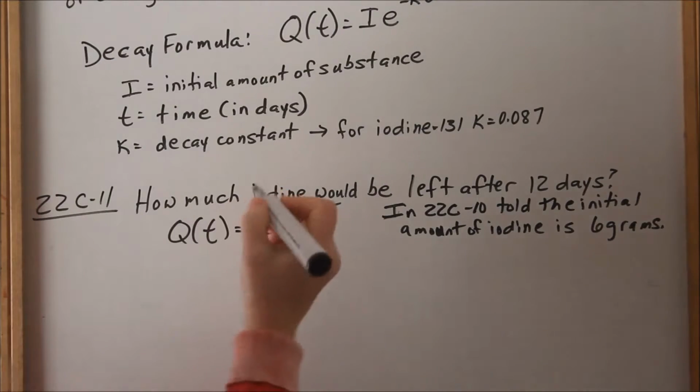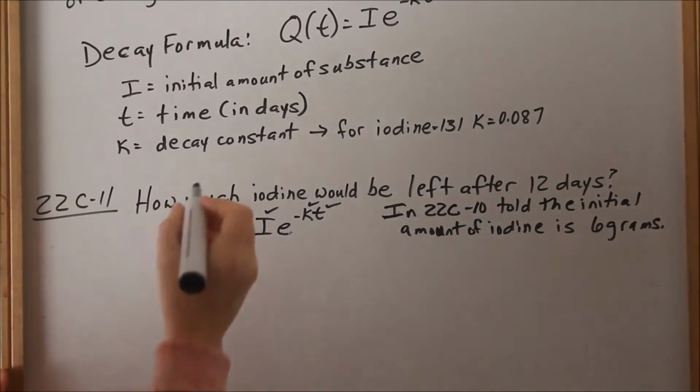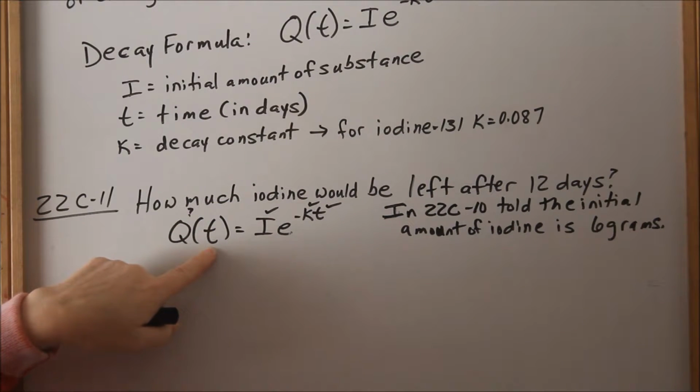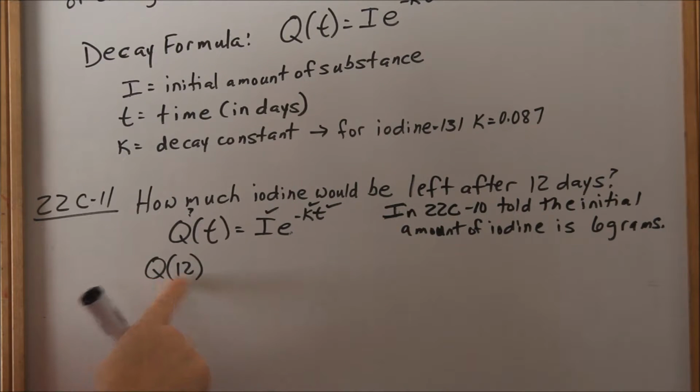The only thing we don't know is how much iodine is left after the 12 days we're looking for. This doesn't mean Q times 12, it just means Q of 12, the amount after 12 days.